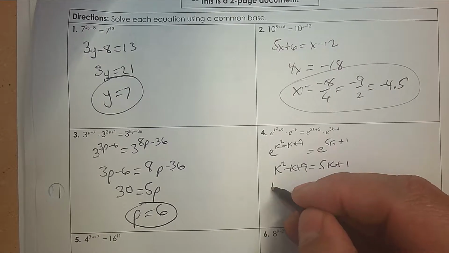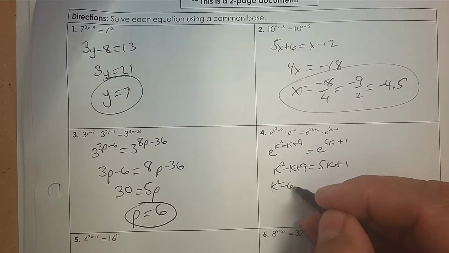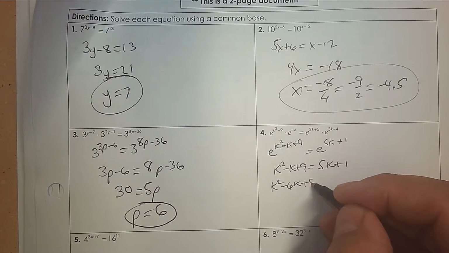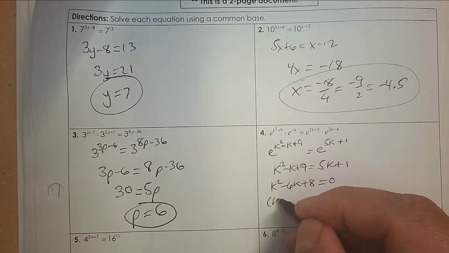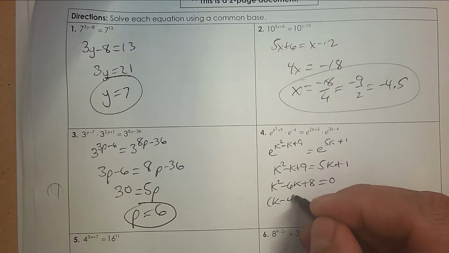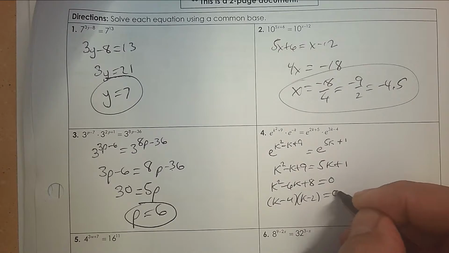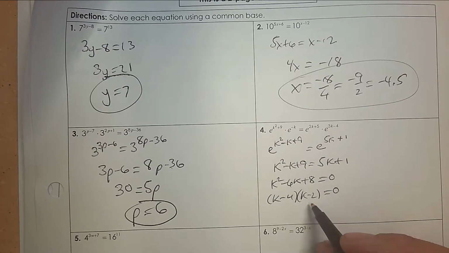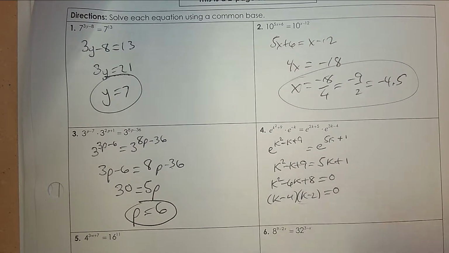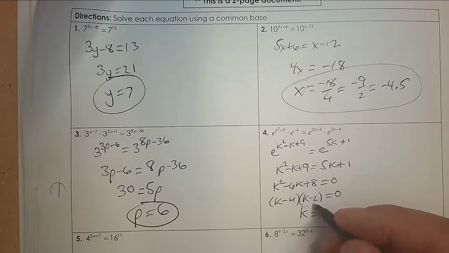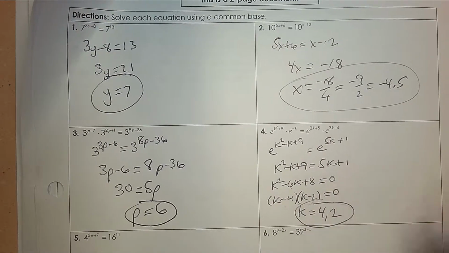So I'm going to subtract 5k. I'm also going to subtract 1. And then I'm going to factor. So the two numbers that help me factor that are negative 4 and negative 2. They multiply to 8 and add to negative 6. So the 0 of each factor is positive 4 and positive 2.